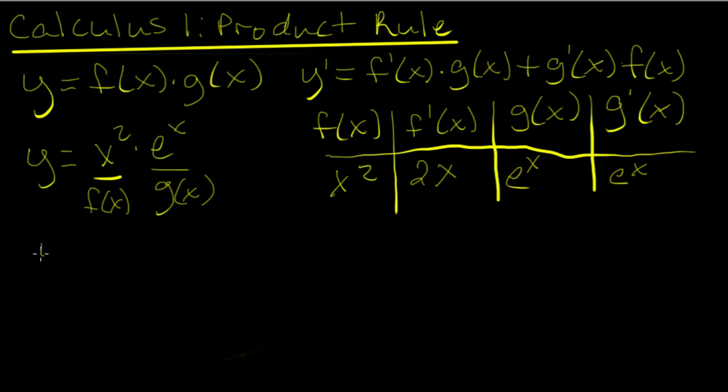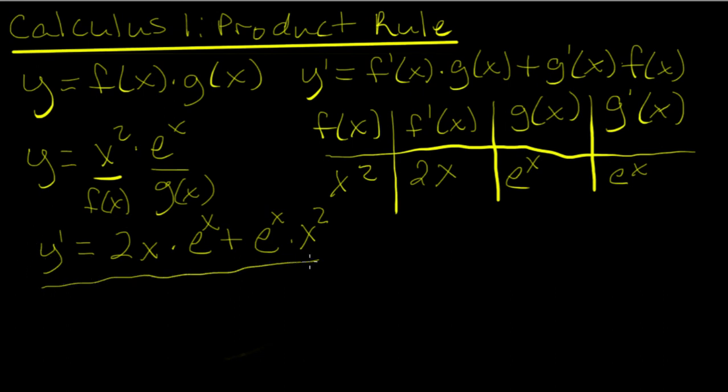And so the derivative of our function is f prime of x, which is 2x, times g of x, which is e to the x, plus g prime, which is e to the x, times f of x, which is x squared. And there we have the derivative of our function.